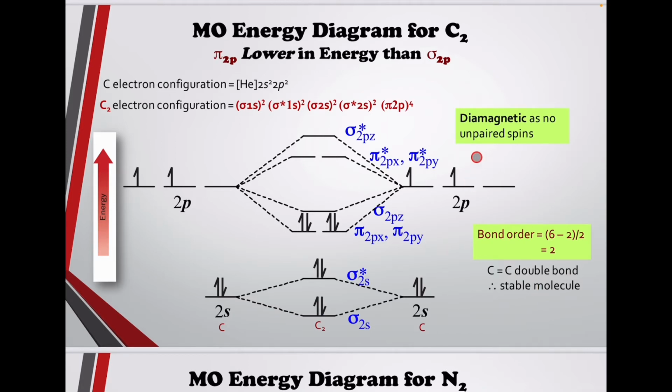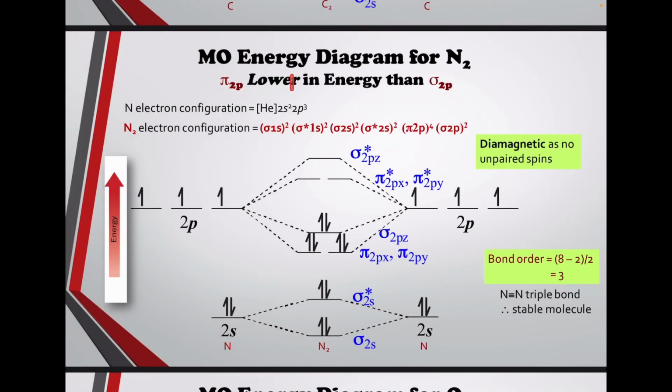In terms of the magnetism, C2 has all paired electrons, so this is diamagnetic. C2 electron configuration: sigma 1s2, sigma antibonding 1s2, sigma 2s2, sigma antibonding 2s2, and pi 2p4. Just write the pi 2p, 4 electrons.